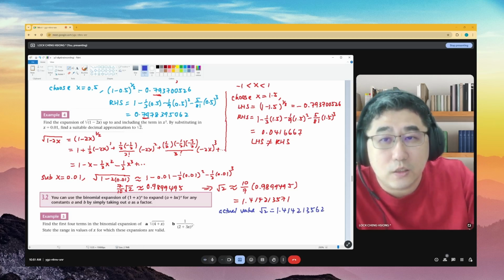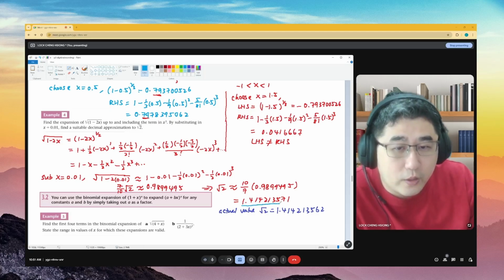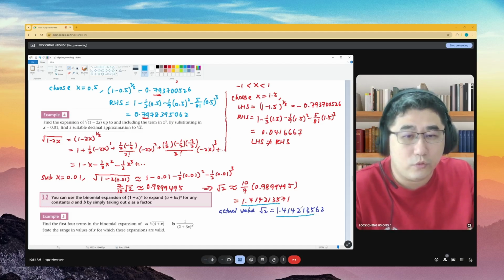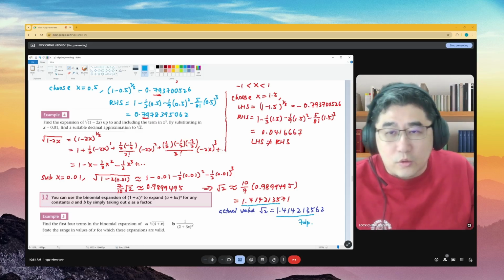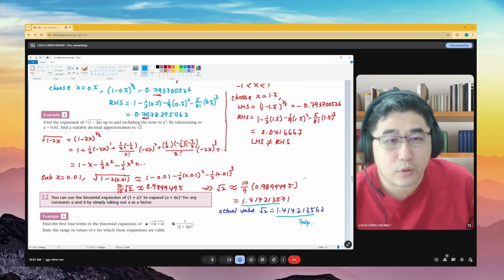You can see they are not entirely the same, but it's still accurate up to a certain value, up to 5. You can see accurate up to 5 here. So 1, 2, 3, 4, 5, 6, 7, 7 decimal places. Okay, so this is one of the types of approximation questions.